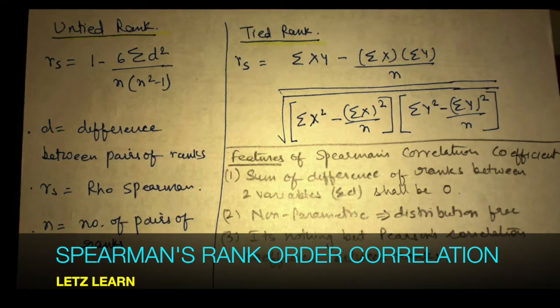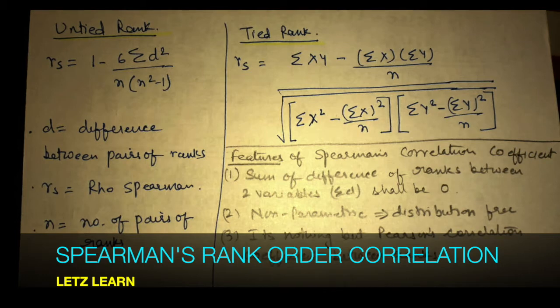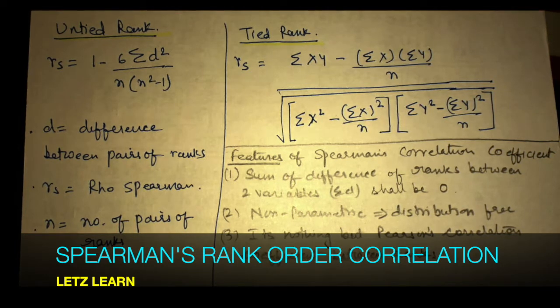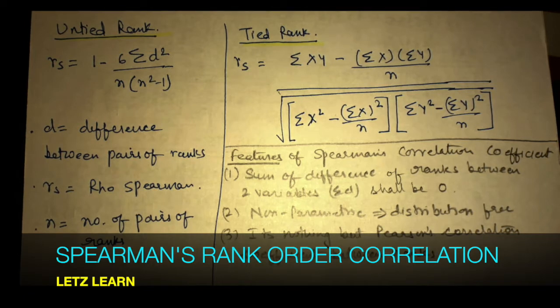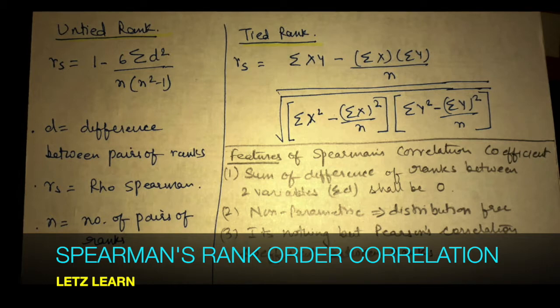Before that, the features of the Spearman correlation coefficient. The first feature is that the sum of the differences of ranks between two variables, that is sum D, in the untied ranking we just saw on the left side of the screen, should be 0.